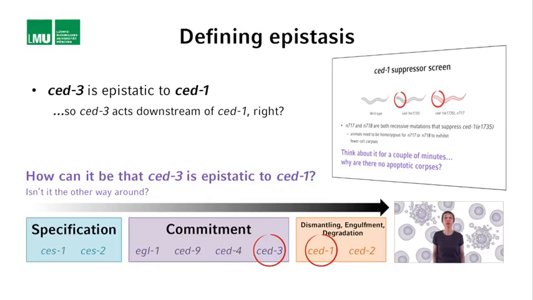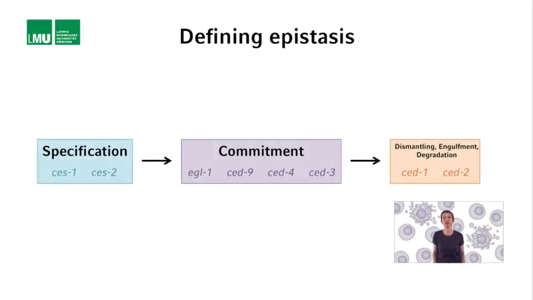The specification of which cells should live and die, the commitment of these cells to the apoptotic fate, and their subsequent dismantling, engulfment, and degradation are a sequence of cell biological and biochemical events, with one event being dependent on the successful completion of the previous one.